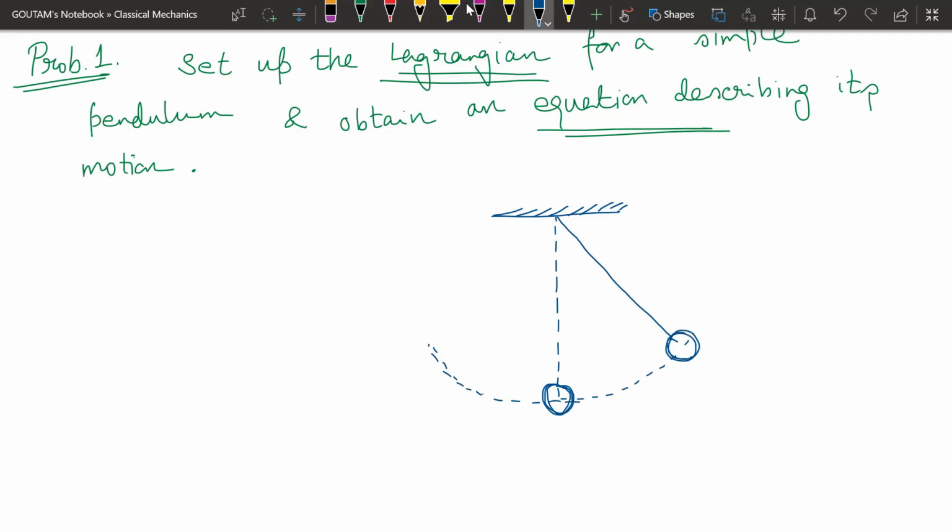Let's assume that it is at this point, at angular displacement theta. L is the length of this rope, M is the mass of the bob, and this is the support. Let's say this point is O. The equilibrium position is point A. When the angular displacement is theta, the bob is at point B. And if we draw a perpendicular from point B on the line OA, then this point is C.